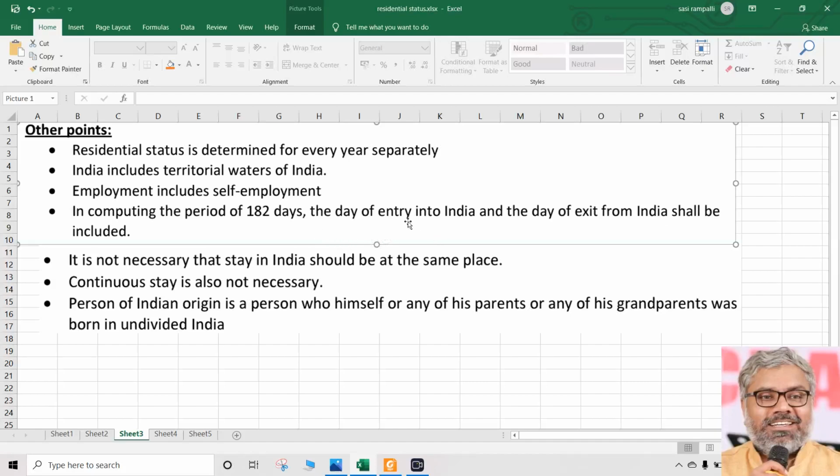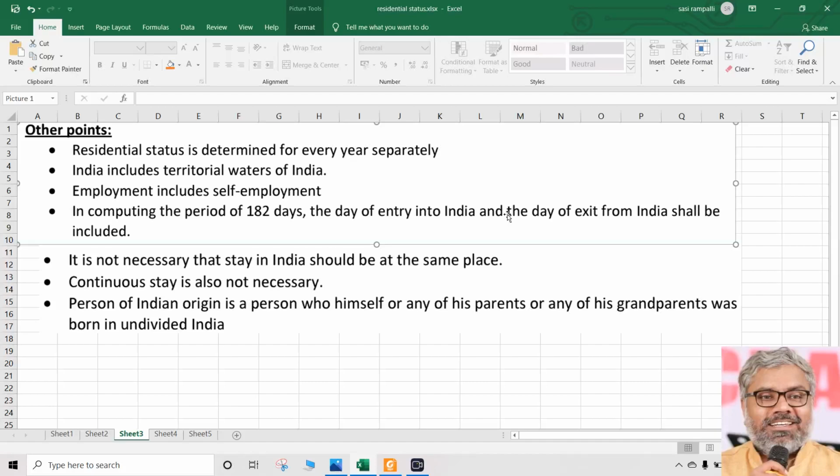For example, if somebody has arrived at the airport at let us say 11 o'clock in the night, effectively he stayed in India only for 1 hour. But even then it will be considered as if it is a full day, because entry into India happened on that day. So once the date changes, then that day onwards the counting will start.